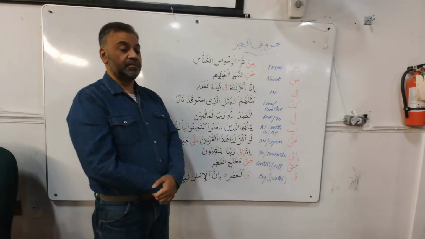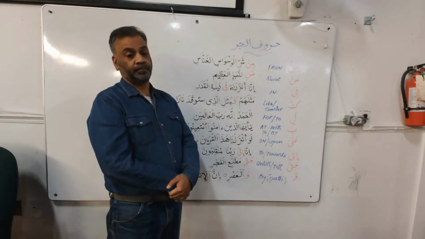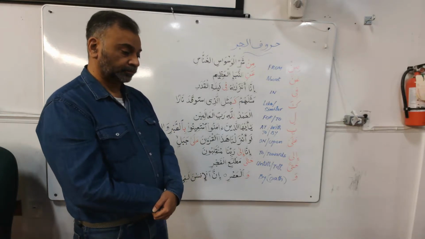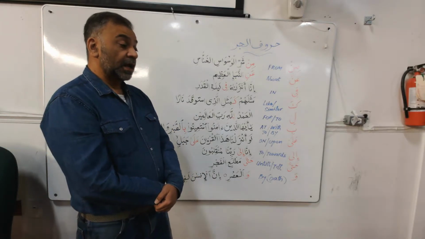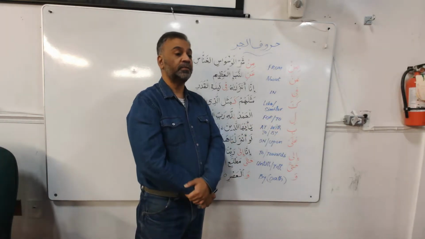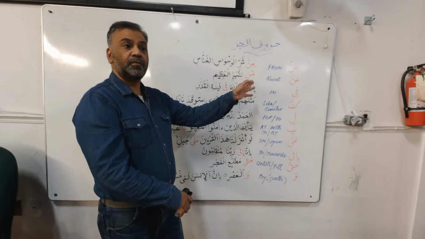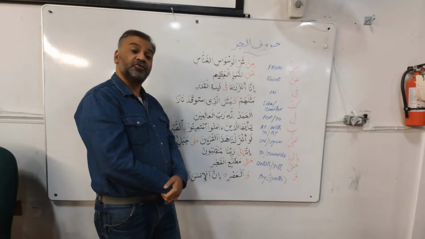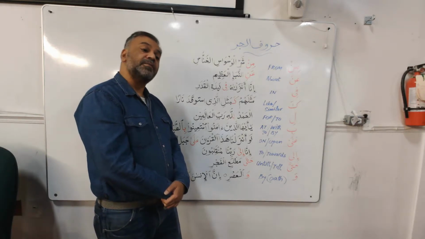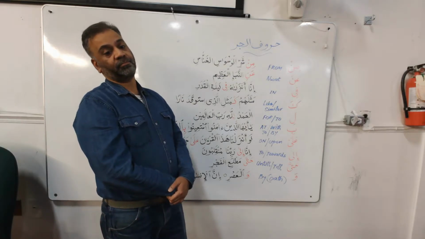And that ism or noun will be in a majroor form. Now, what do we call this composition? First comes the harf jar, then comes the ism or the noun, and that ism will be majroor. So we call it harf jar, ism majroor, or jarun wa majroorun.